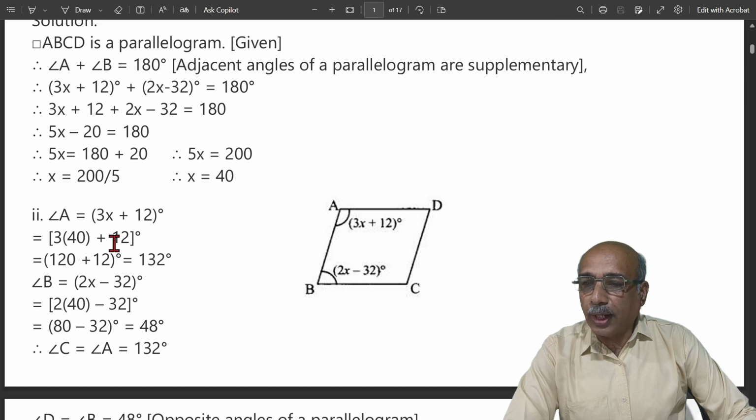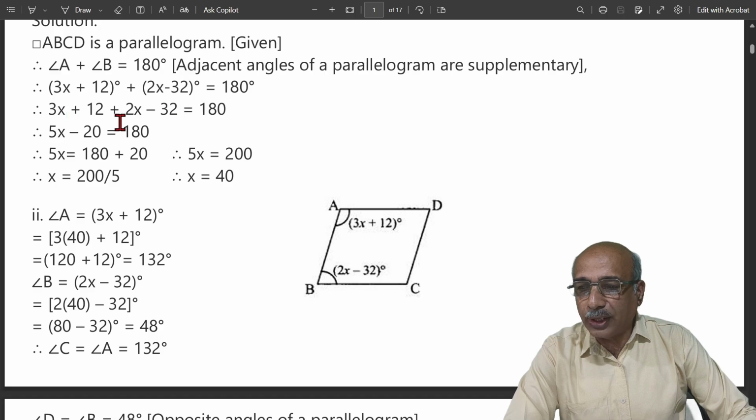As you know, quadrilateral ABCD is a parallelogram. Therefore, angles A and B are adjacent angles, so they are supplementary. So whatever measures of angles are given in variables, you have to add them and equate to 180 degrees.